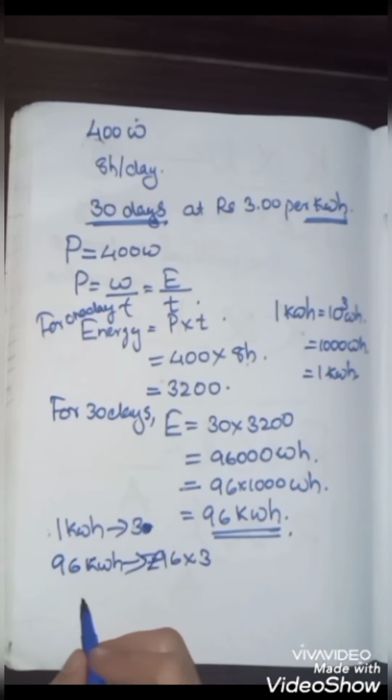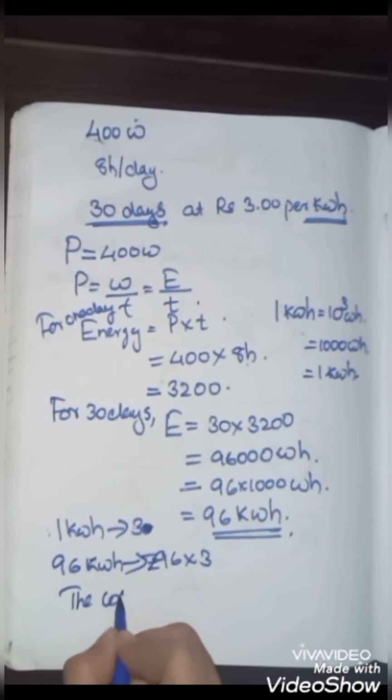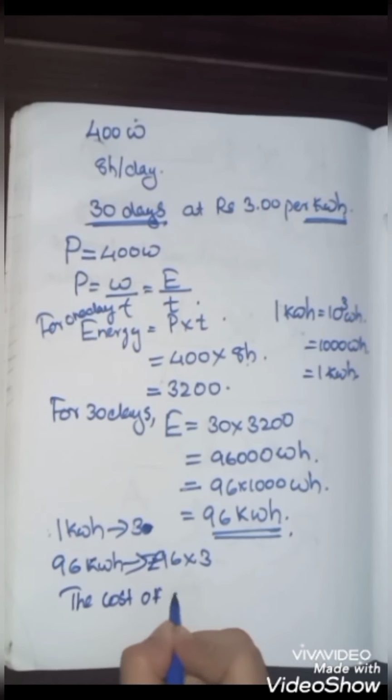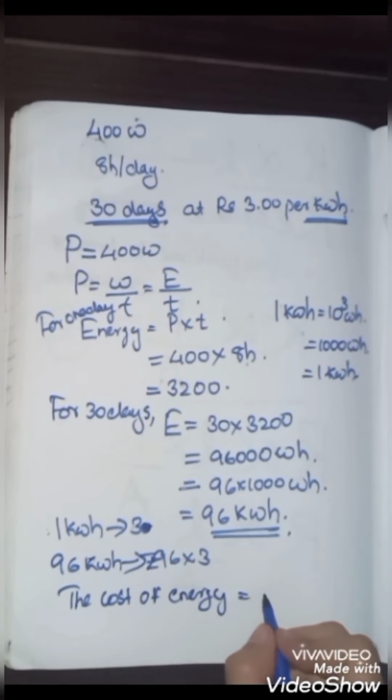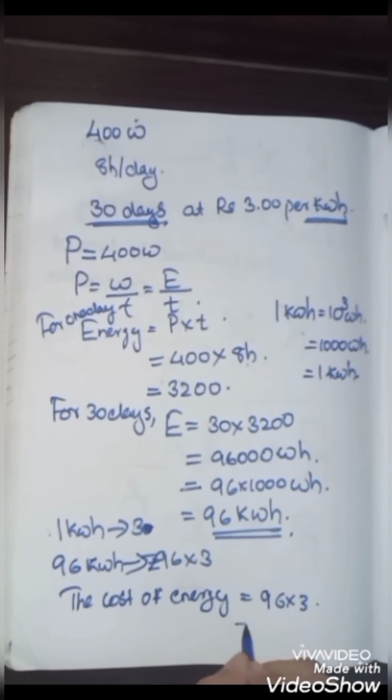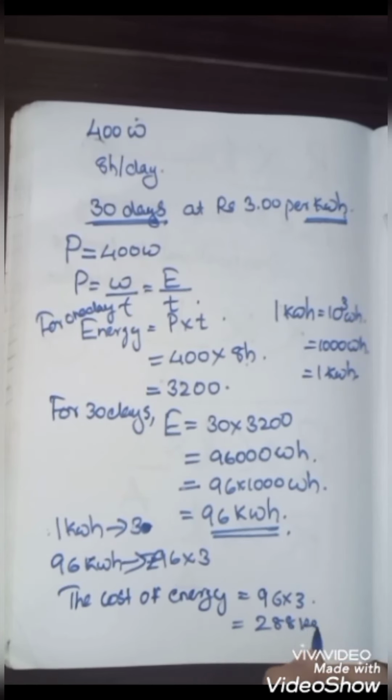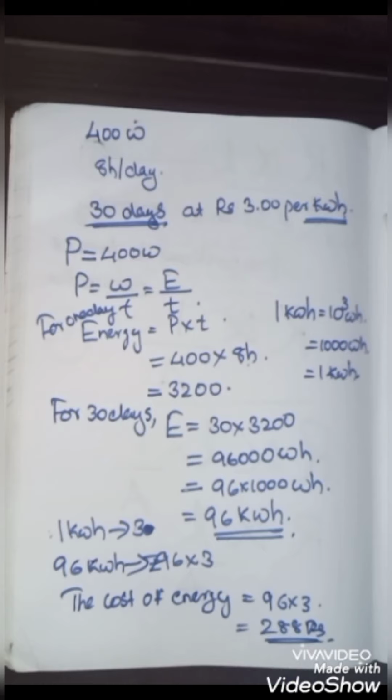So the cost of energy is equal to 96 into 3, that is equal to 288 rupees. Hope you understand. Then we move on to the next question.